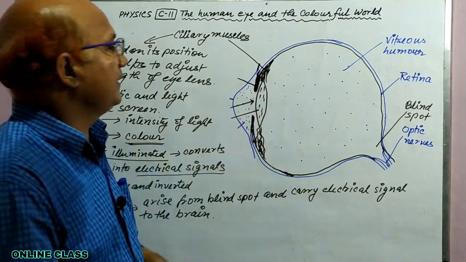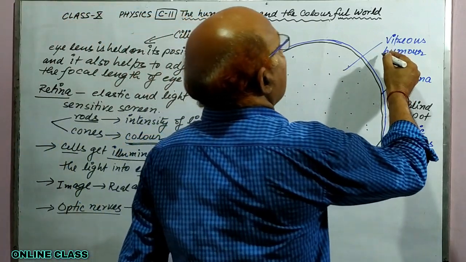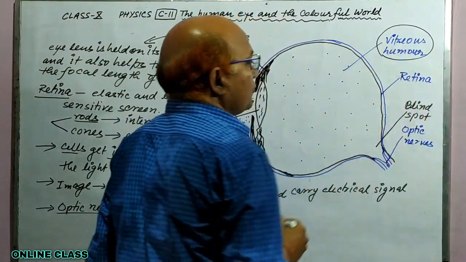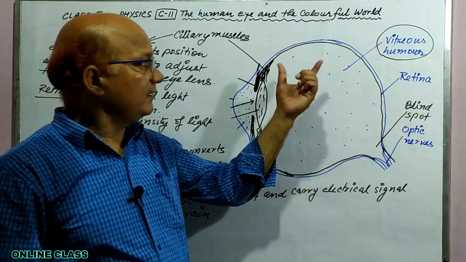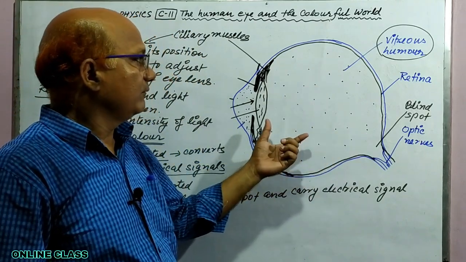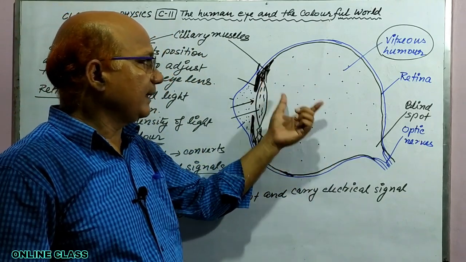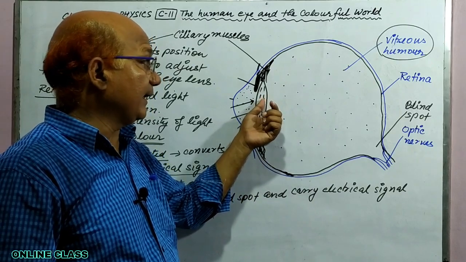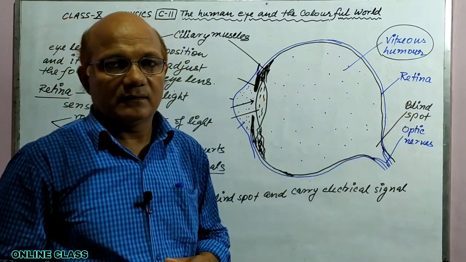Now you can see vitreous humor. Actually, this is a liquid filled in the eyeball between eye lens and retina.